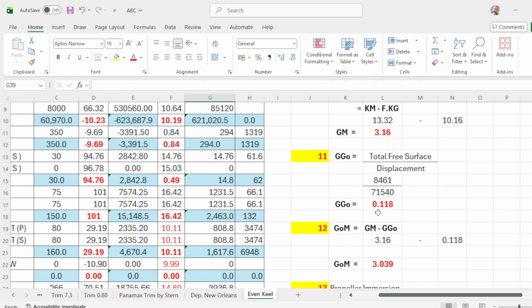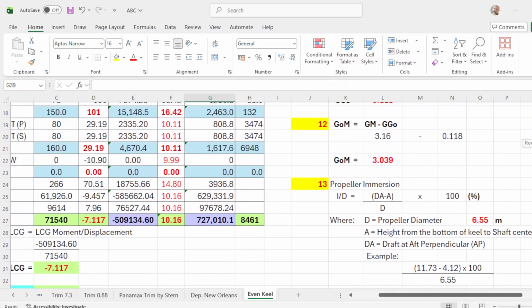And your GGO will be 0.118. Okay, to find the GOM is GM minus GGO. So your GM is 3.16, your GGO is 0.118, and GOM is 3.039.